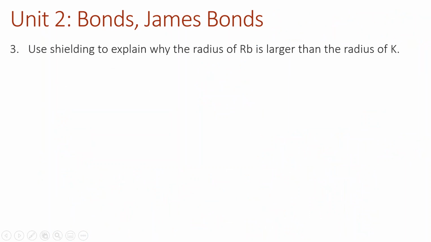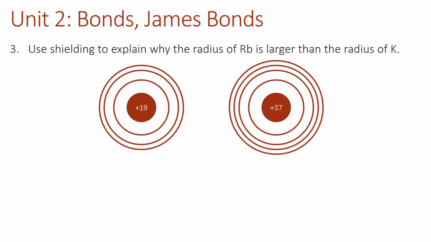So we want to use shielding to explain why the radius of rubidium is bigger than the radius of potassium. So here we have a potassium atom and a rubidium atom. The difference between these two is going to be the number of layers of electrons.